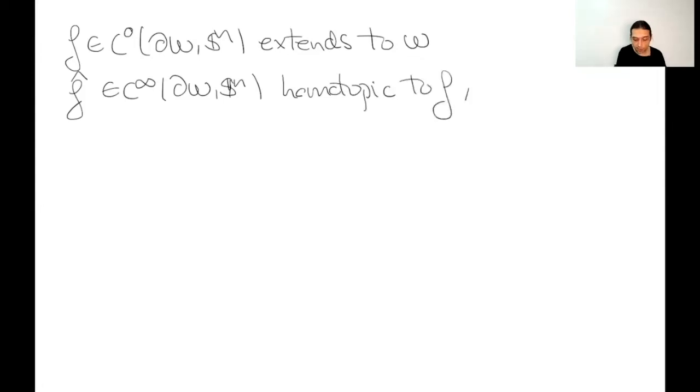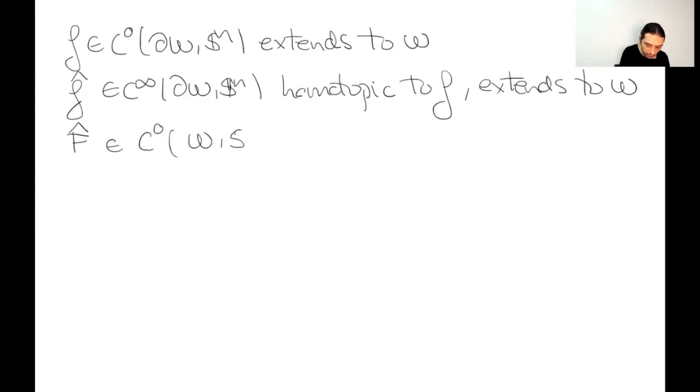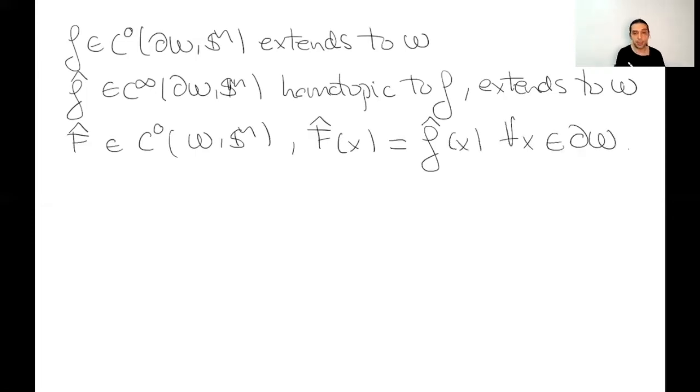And by the previous result, extends to W. Okay, let us consider that extension. Capital F hat is going to be the extension of small f hat to the whole W, where capital F hat of x is equal to small f hat of x for every x in the boundary of W, okay?